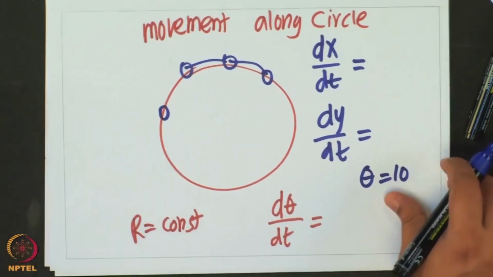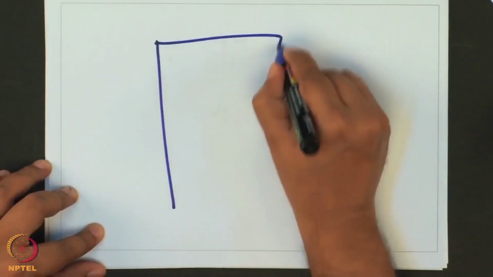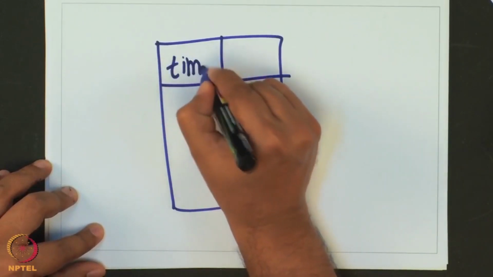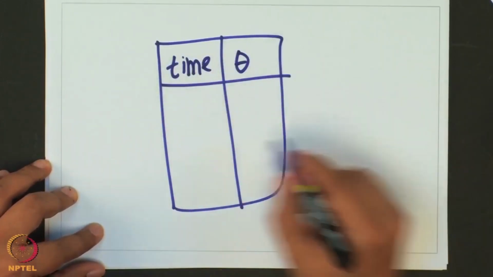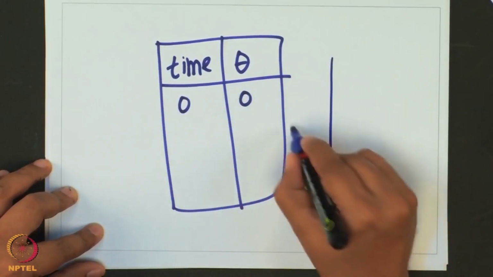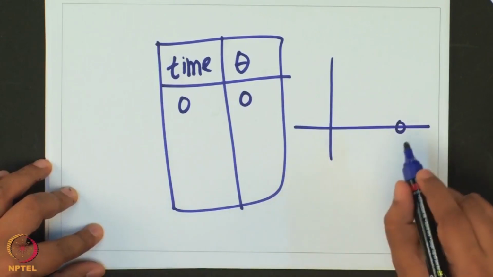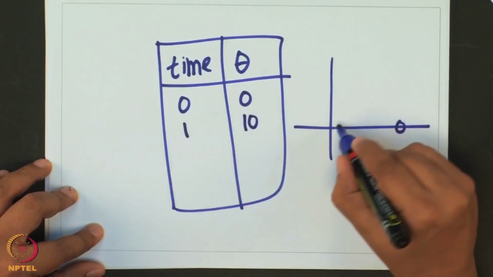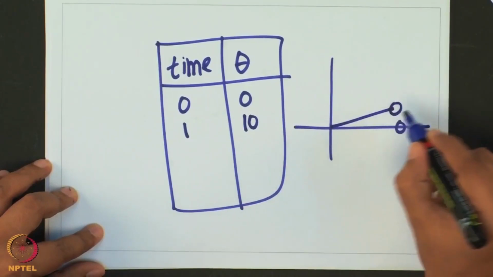If theta is 10, 20. So let us say we have a table, which is time here, theta here. At t equals 0, theta is 0, which means that the particle is here. After 1 minute, the particle moved 10 degrees. So the particle has reached here.